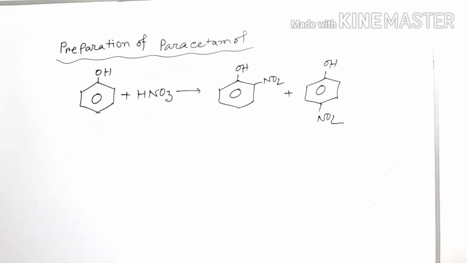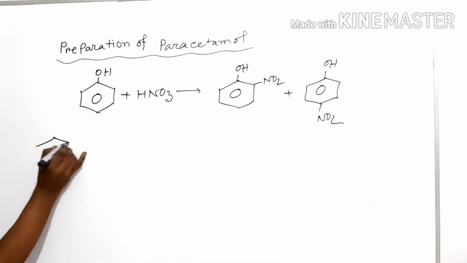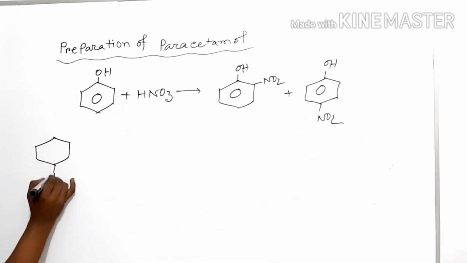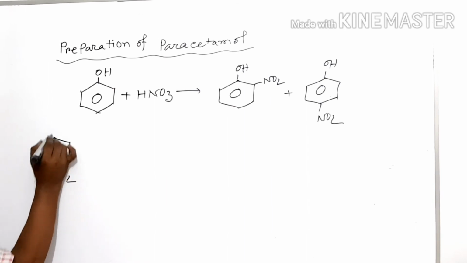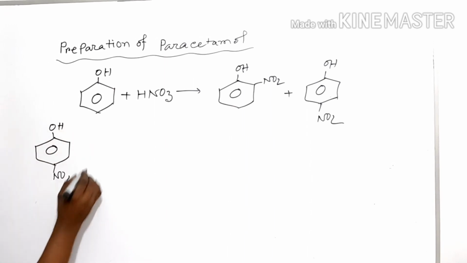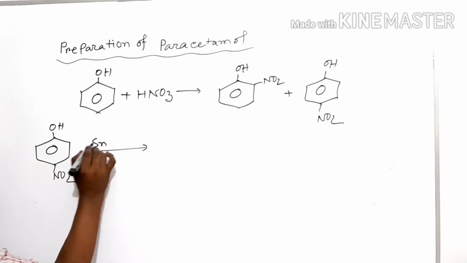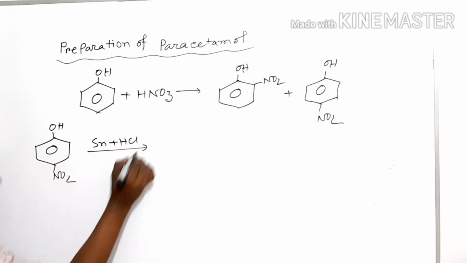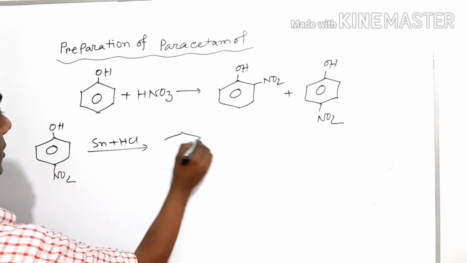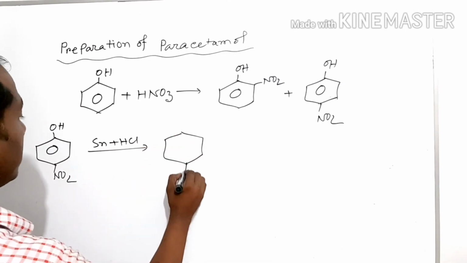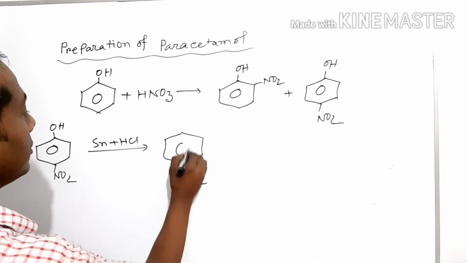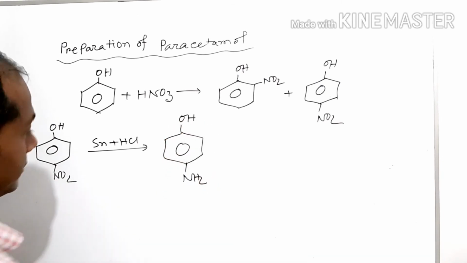By partial distillation, we separate this paranitrophenol, and this paranitrophenol is reduced by steam plus HCl and it forms para-aminophenol.